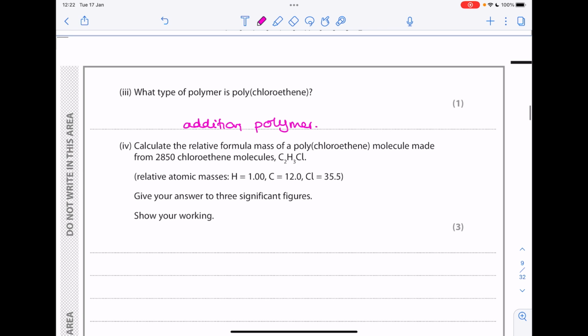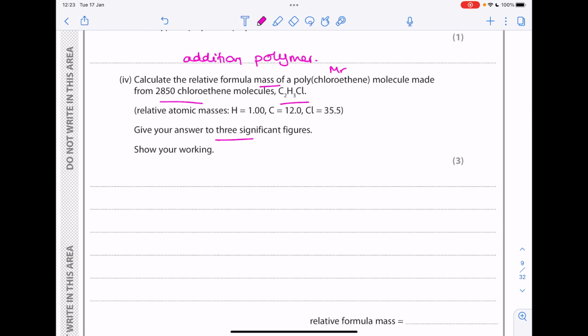Calculate the relative formula mass of polychloroethene molecule made from 2,850 chloroethene molecules, C2H3Cl. Here are our relative atomic masses. Give your answers to 3 sig fig, show your working.